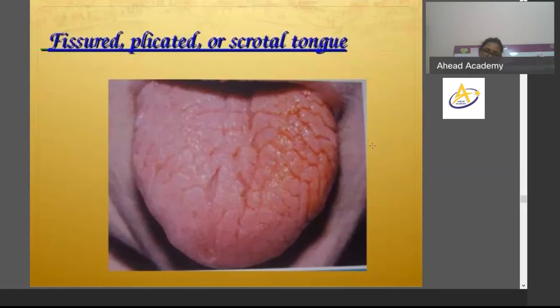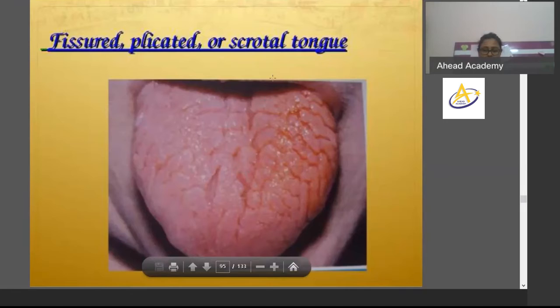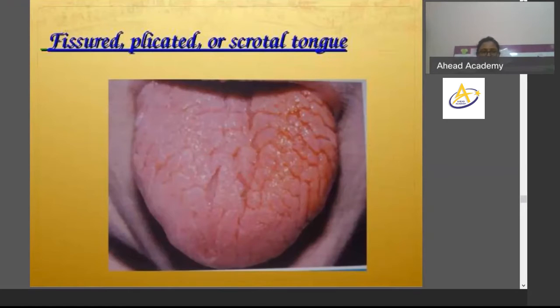So basically in fissured tongue, there are grooves that are developed on the tongue. There can be minimal, जैसे इस पिक्चर में दिखाया है, and they can be very deep, as in they can almost make us feel that the tongue is divided into two portions. They are not contagious and they're not painful.